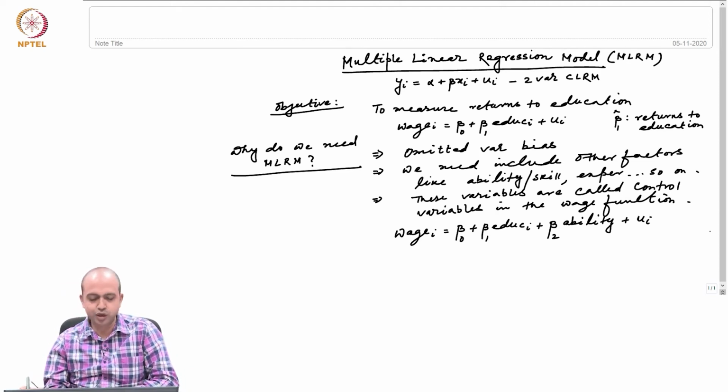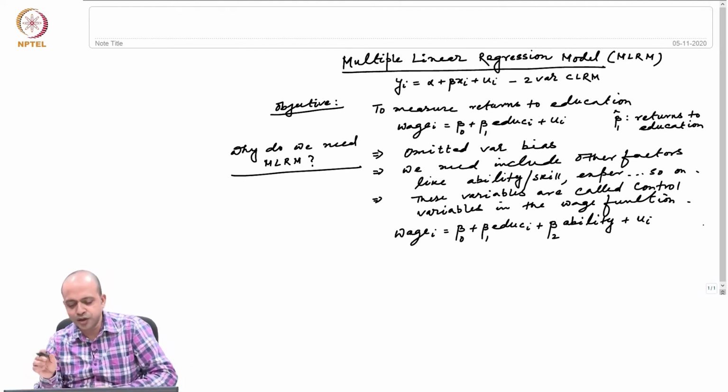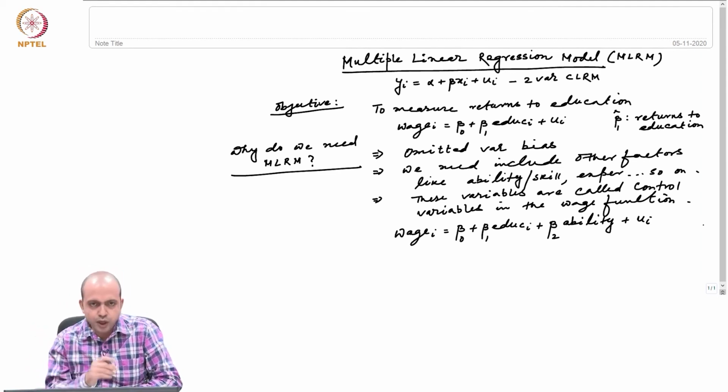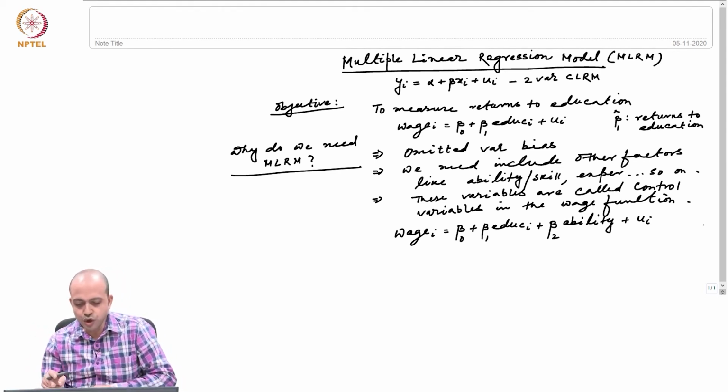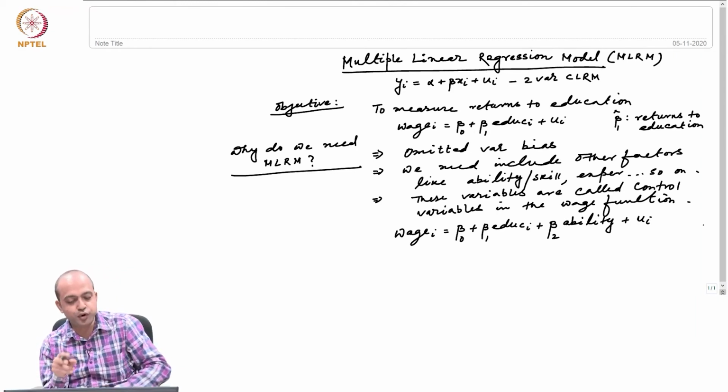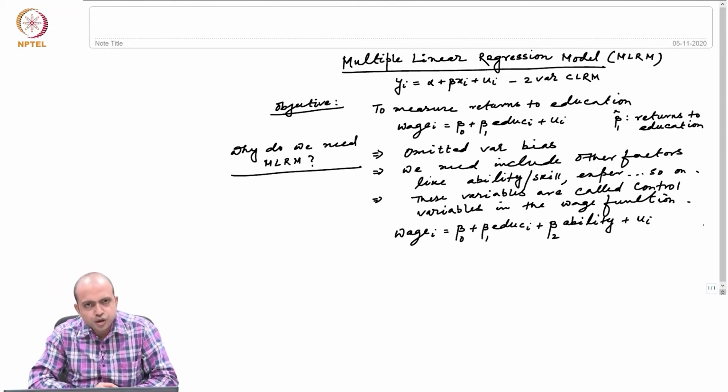This is our true model. We have another variable, the ability factor, that should also be included in the model. If we do not include it, then our model will suffer from omitted variable bias.